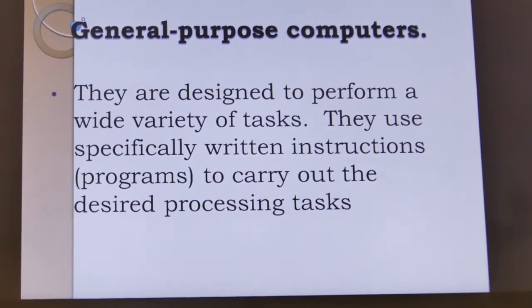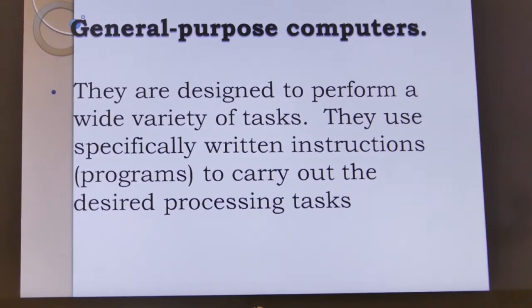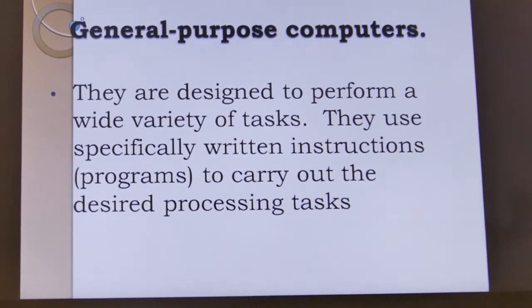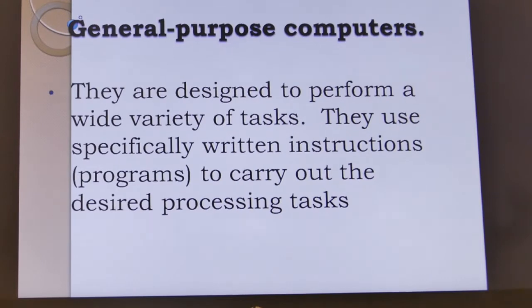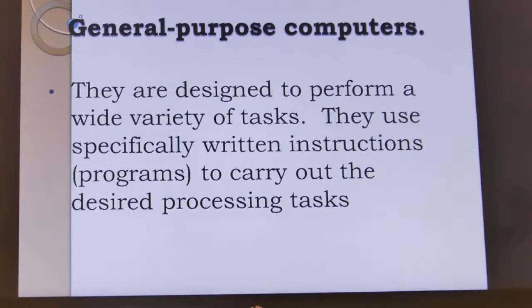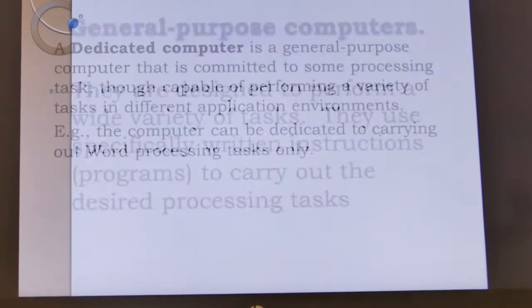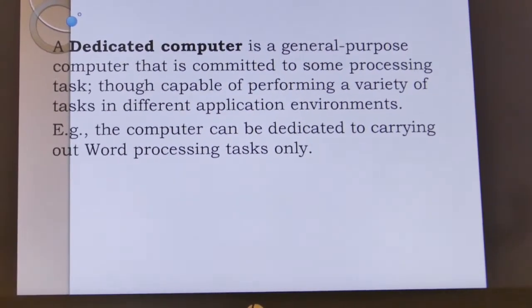General purpose computers are designed to perform a wide variety of jobs. They can use specifically written instructions to carry out the desired processing tasks. Then we have dedicated computers.